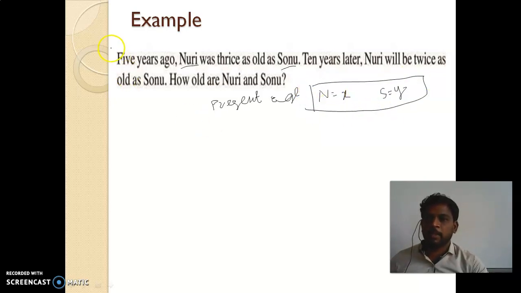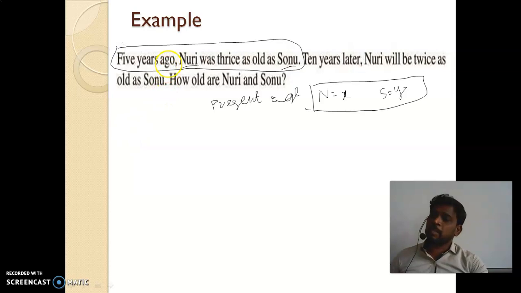So what is the first information? 5 years ago, Nuri was thrice as old as Sonu. 5 years ago means before 5 years, so we are going to subtract 5. Nuri was x minus 5 and Sonu was y minus 5. What about their relationship?